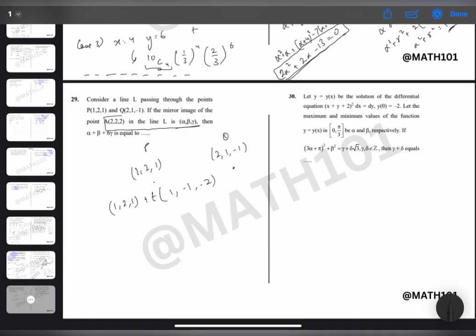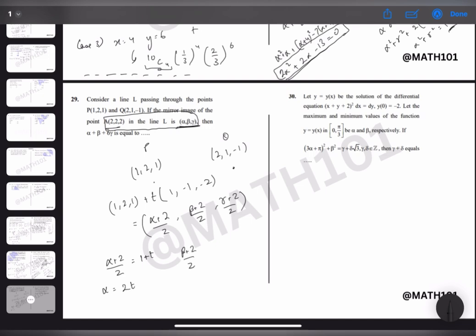Then the midpoint of these 2 points, A and (alpha, beta, gamma), should lie on the line. So this should be equal to (alpha plus 2)/2, (beta plus 2)/2, (gamma plus 2)/2. So (alpha plus 2)/2 equals 1 plus T, which means alpha equals 2T.